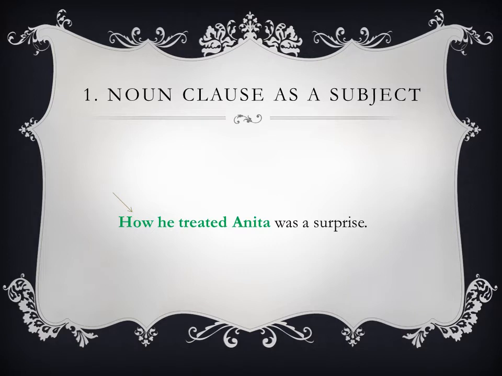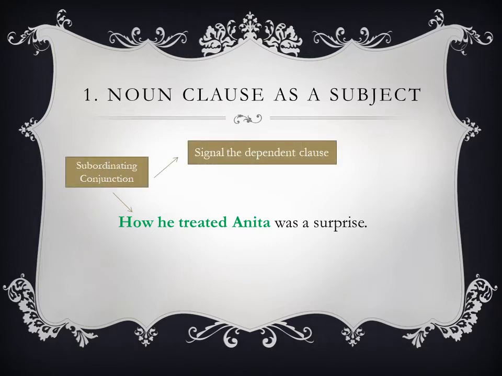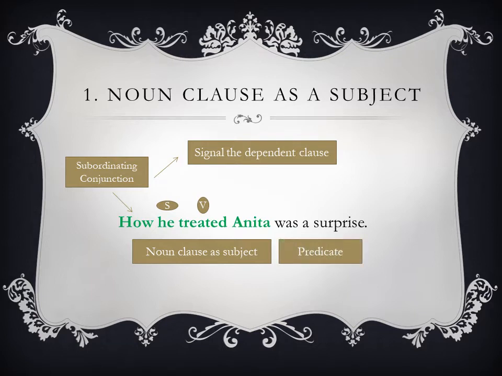The word how is the subordinating conjunction and it is the signal of the dependent clause. So, how he treated Anita is a noun clause functioning as subject. He is the subject and treated is the verb for the noun clause. And the rest of the sentence, was a surprise, is the predicate.